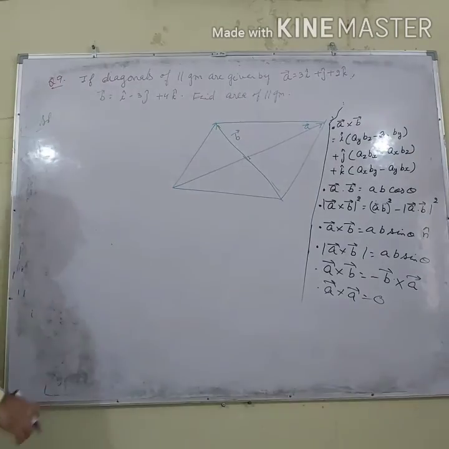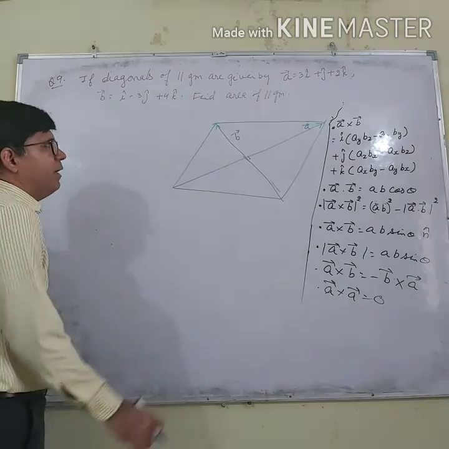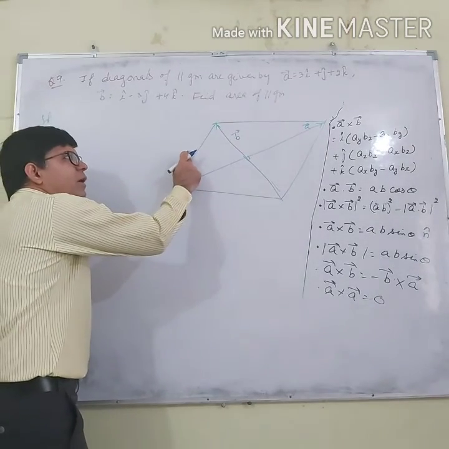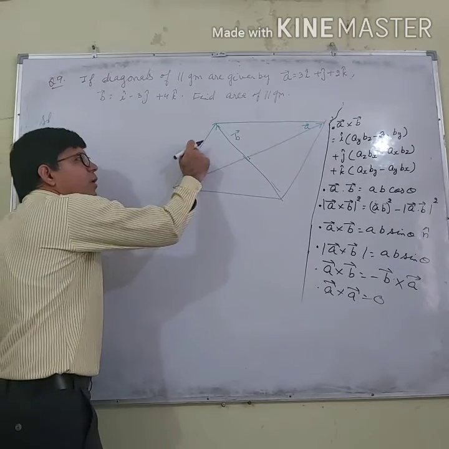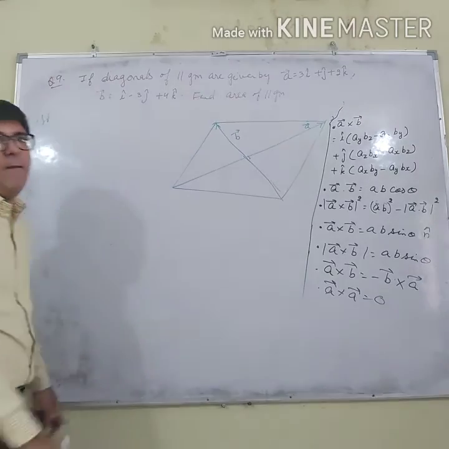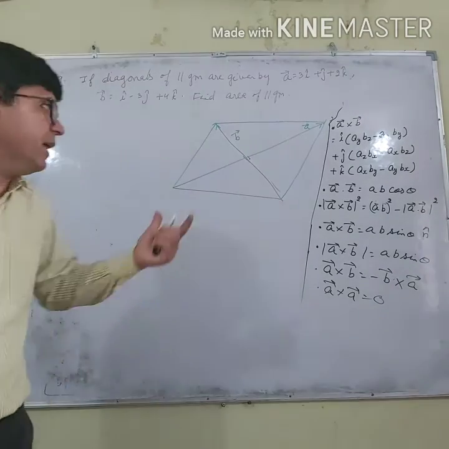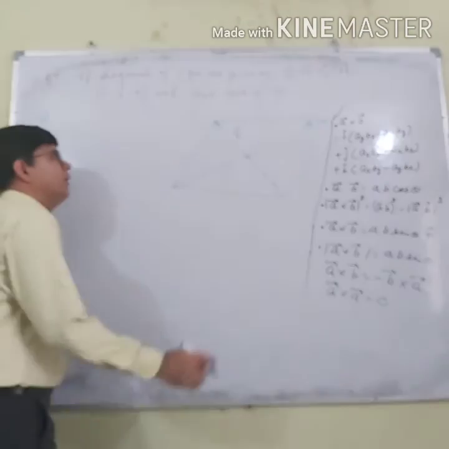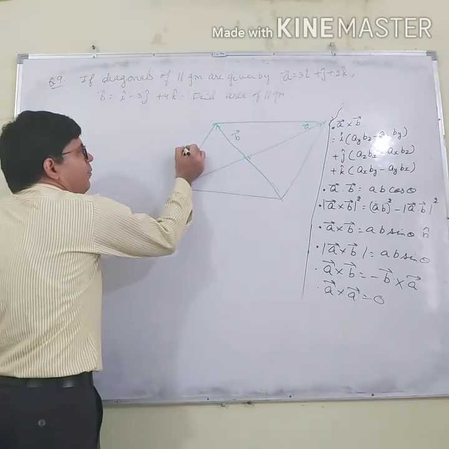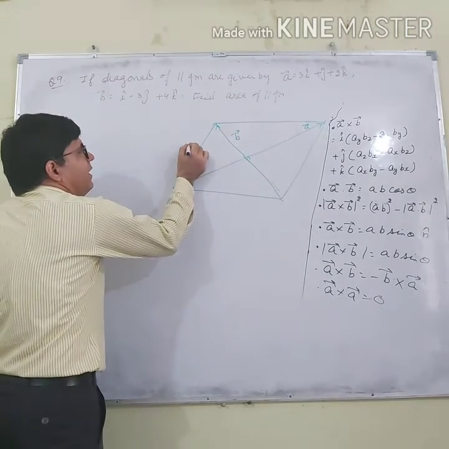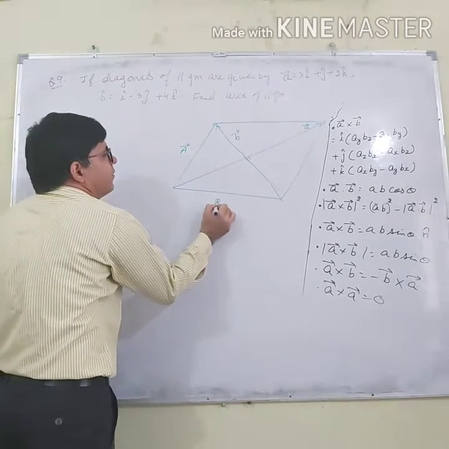Find out the area of the parallelogram. I know that the area of a parallelogram is equal to the magnitude of the cross product of the vectors representing adjacent sides of the parallelogram. So let us say this is vector A and this is vector B.